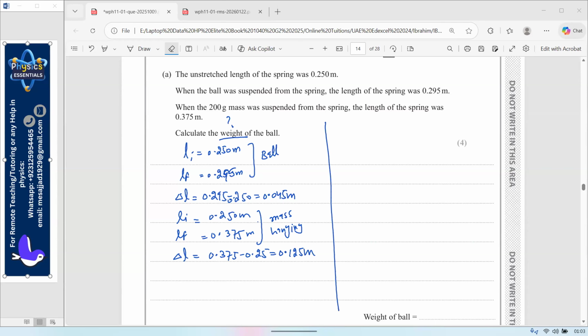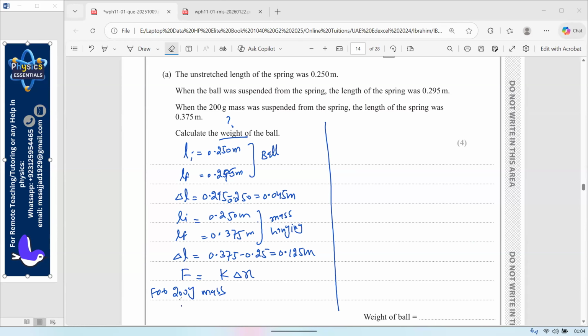Now they're asking you to calculate the weight of the ball. So you know that this is the extension and spring constant, so we are applying Hooke's law, initially for the 200-gram mass. F equals MA.